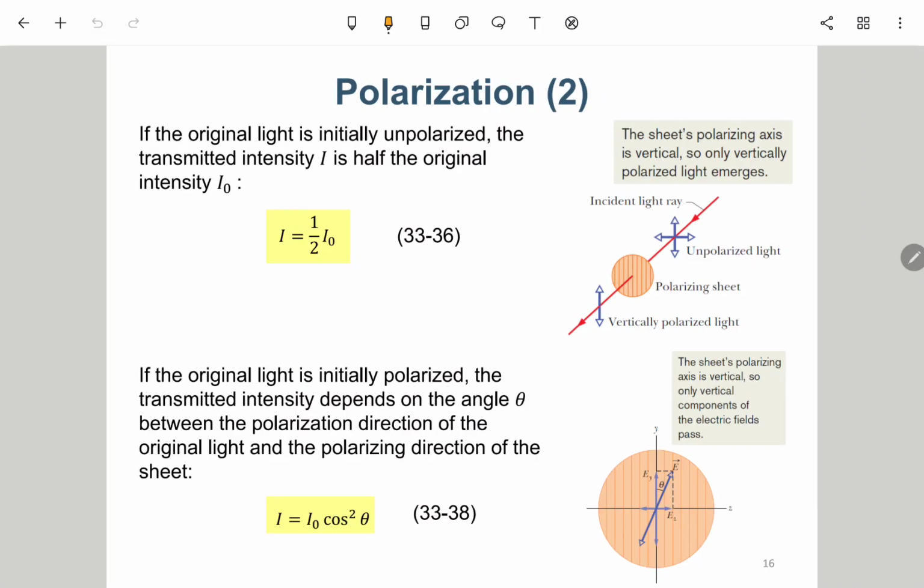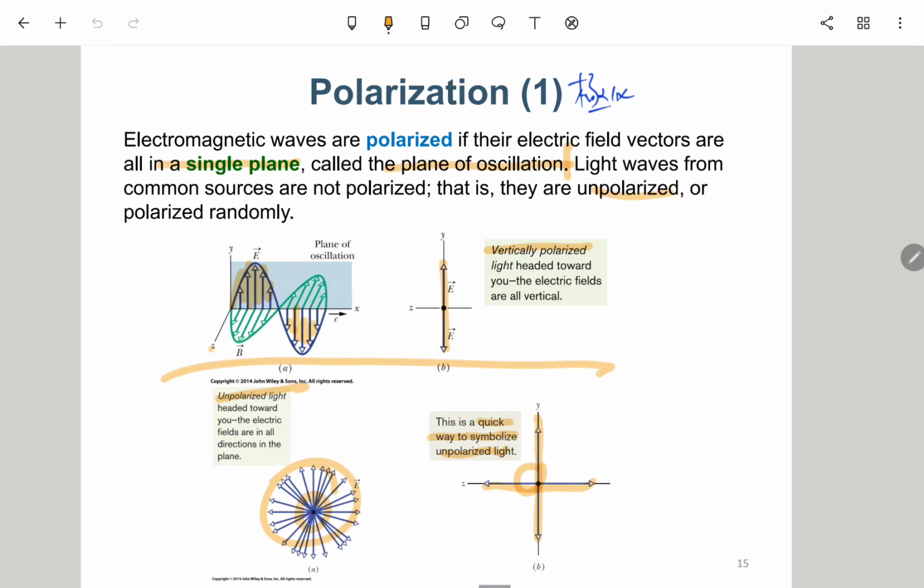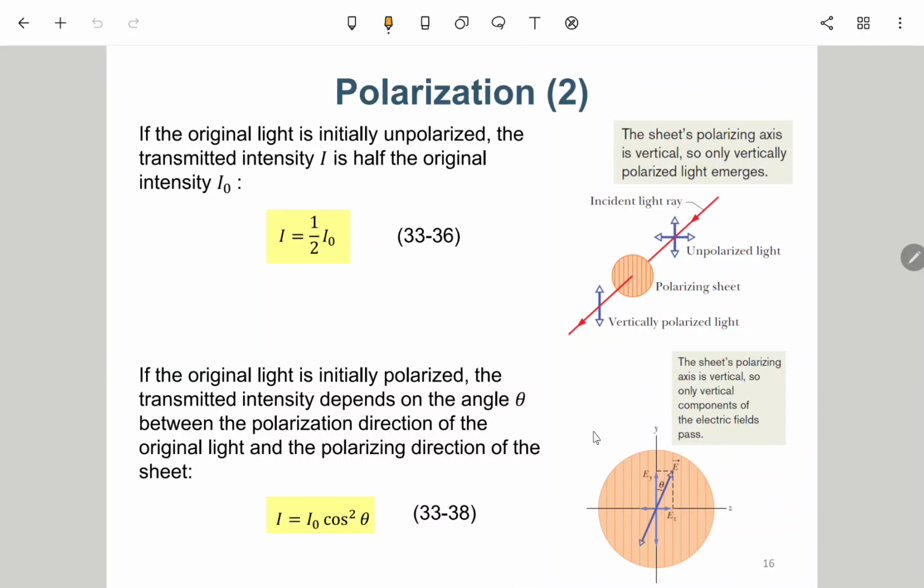So how can we generate some polarized light? Otherwise, what is the point of defining something called polarized light? Here we have something called a polarizing filter, or polarizing sheet. Calling it a polarizing filter may be easier to pronounce.